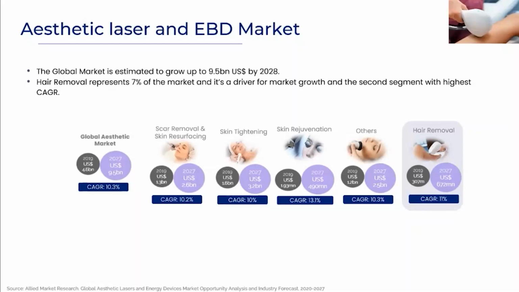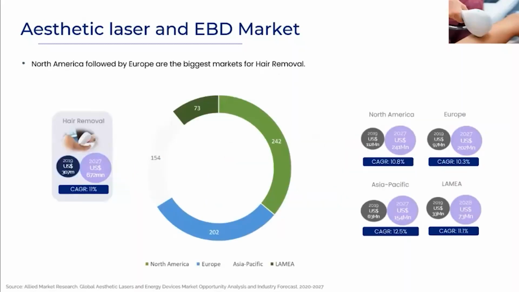So talking about the hair removal market, it's 7%, but we know we have an opportunity to have a bigger share of the market. If we look at the market in different parts of the world, basically the market in North America and Europe is very, very important, followed by Asia Pacific, and the smallest one is the Latin America market.